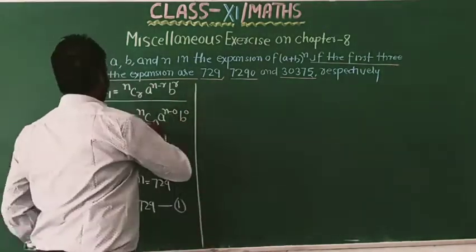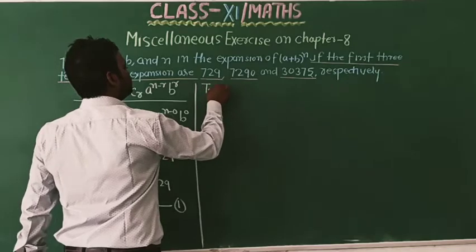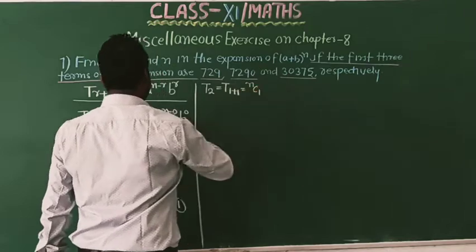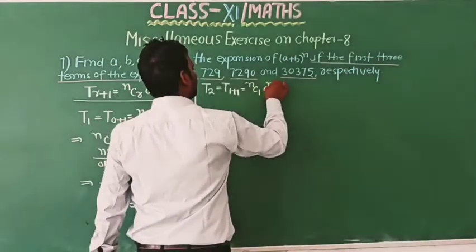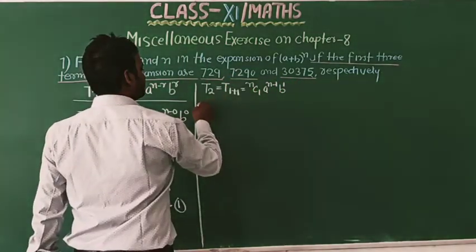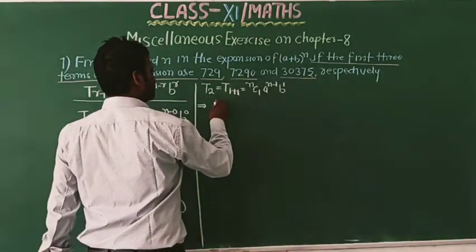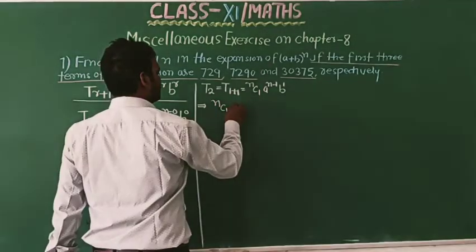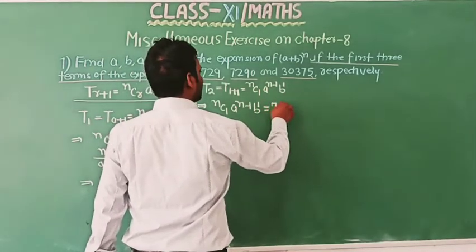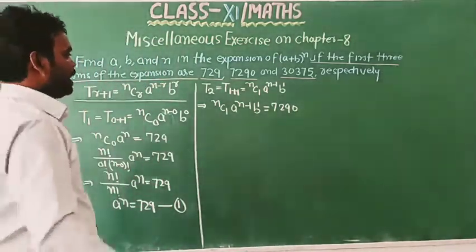And similarly find the second term T2, written as T(1+1), which is equal to nC1 a to the power n minus 1 and b to the power 1. T2 is given as 7290. So therefore nC1 a to the power n minus 1, b equal to 7290. Now simplify this.